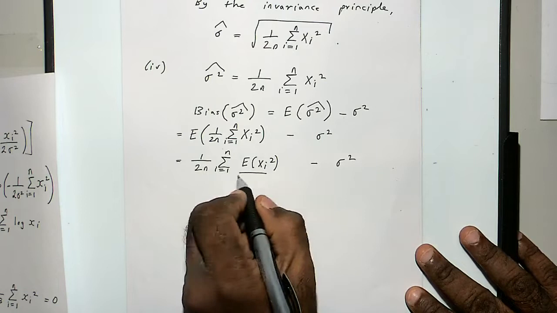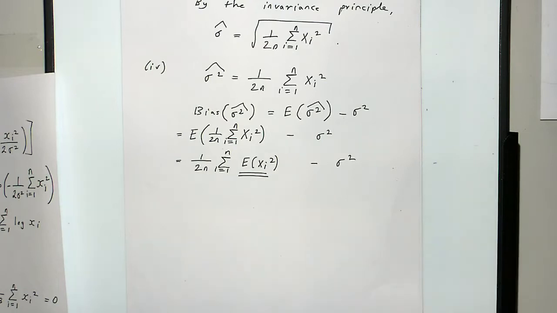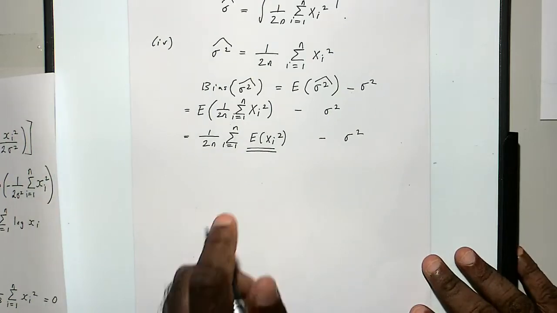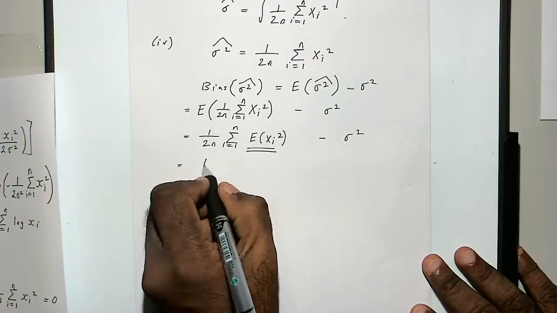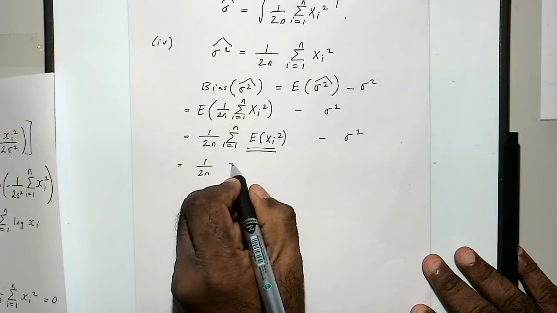Now how do we find this? To find the expectation of xi squared, basically you need to integrate the PDF. This is the PDF that's given to you. Can you tell me what the integral should be?